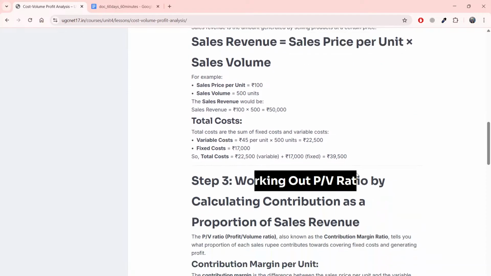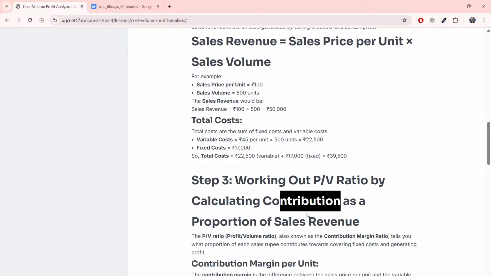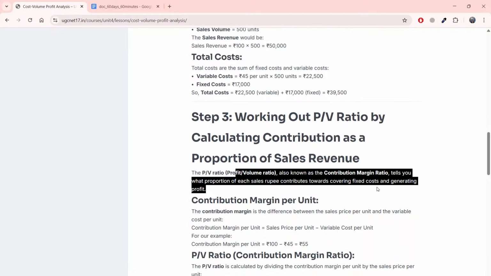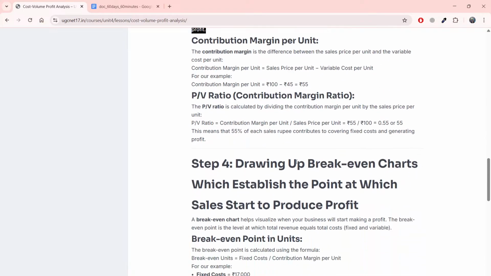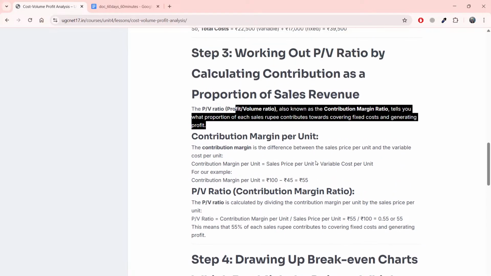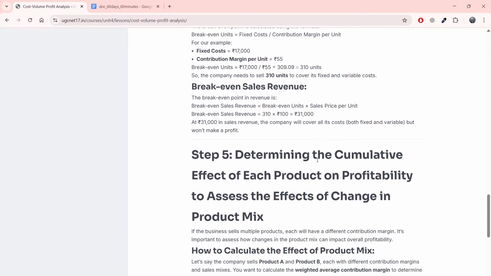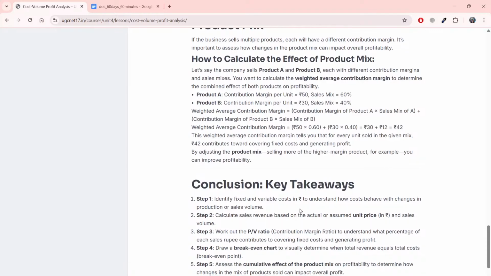Working out PV ratio by calculating contribution as a proportion of sales revenue. Drawing up break-even charts which establish a point at which profit begins. And then determining cumulative effect of each product on profitability to assess the effects of change in product mix.